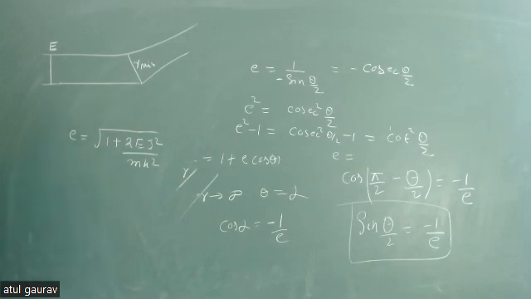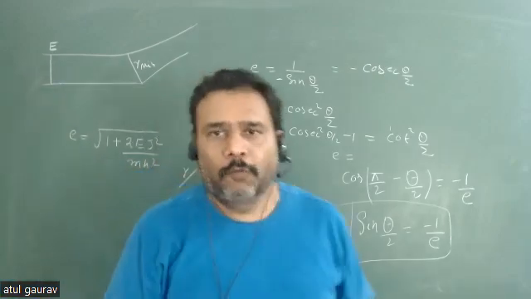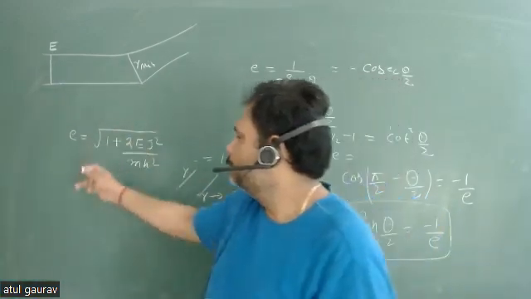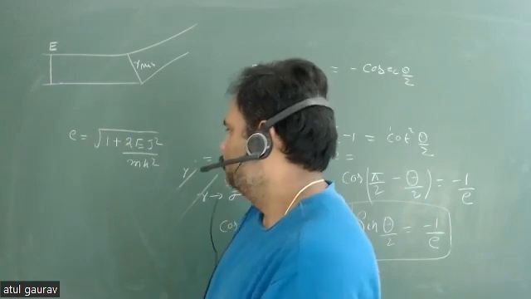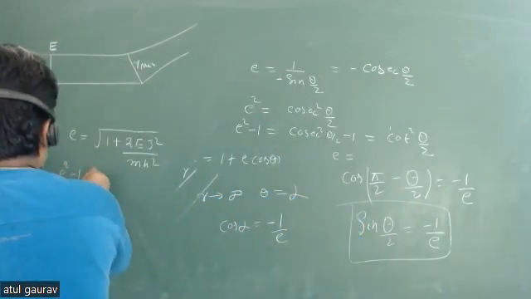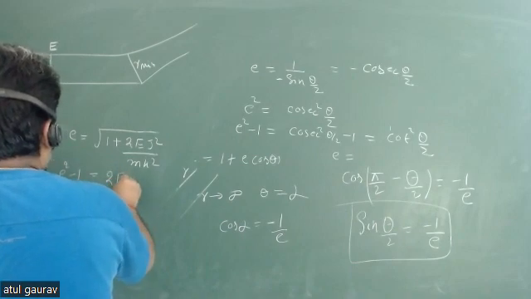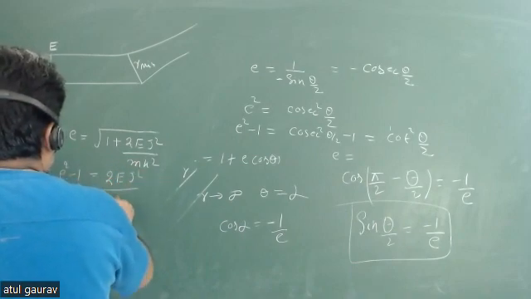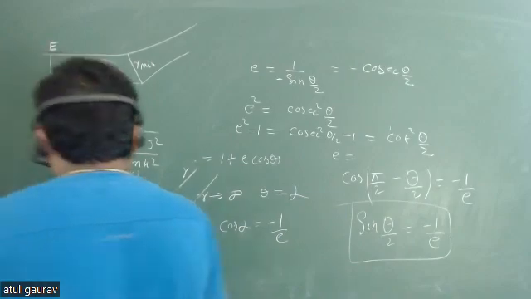Remember? याद है? For the potential which is proportional to 1 by R. यही है ना? Yes, sir. Okay. So from here you can write E square minus 1 is equal to 2EJ square upon MK square.